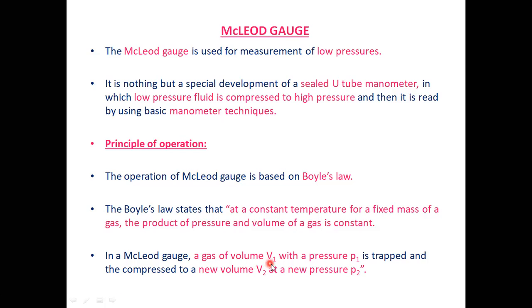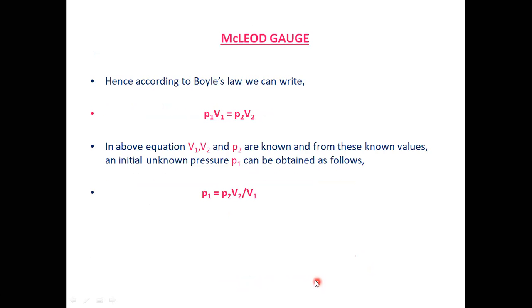Hence, according to Boyle's law we can write P1 V1 is equal to P2 V2. In the above equation, V1, V2 and P2 are known, and from these known values the initial unknown pressure P1 can be obtained: P1 is equal to P2 V2 by V1.